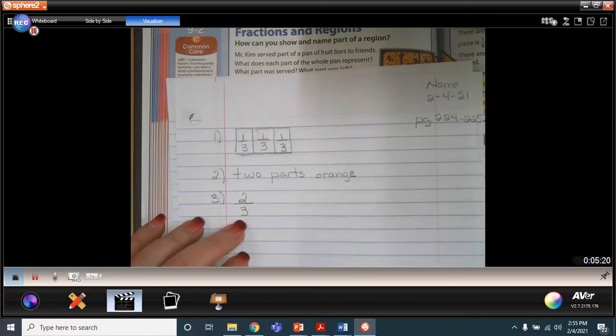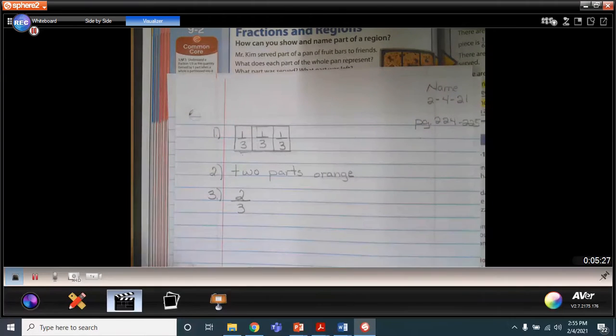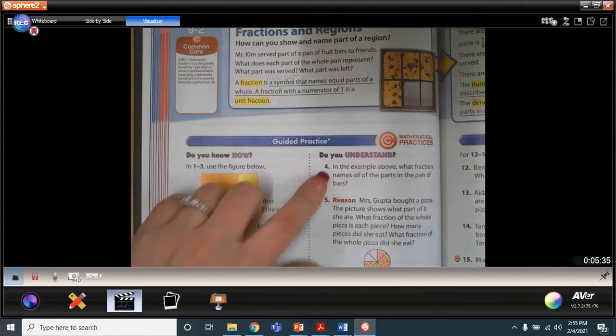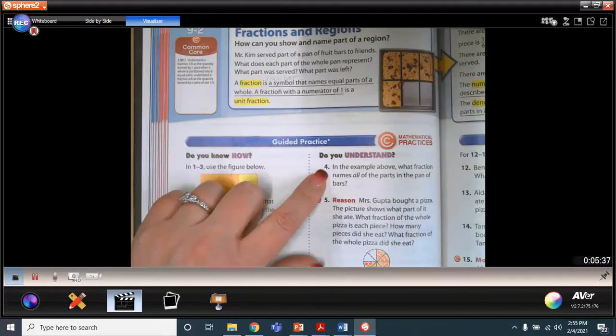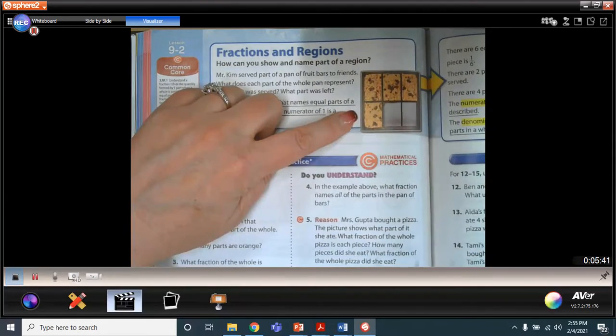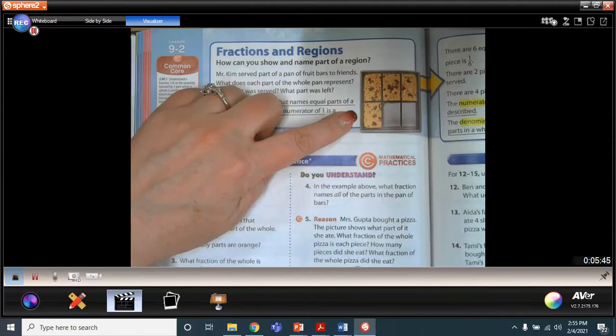Okay? Number 4 asks us, and remember, you can pause this at any time to make sure you are staying caught up with the assignment. So number 4, in the example above. So the example above is this pan right here of fruit bars. So these fruit bars were cut into pieces.